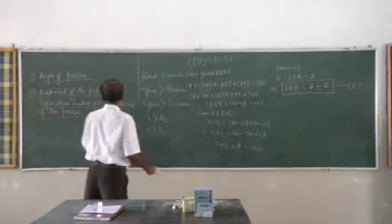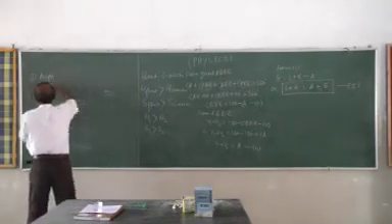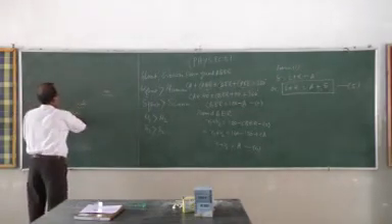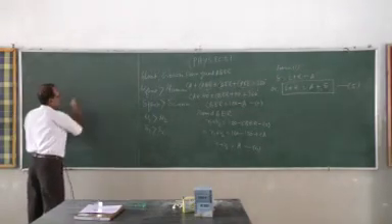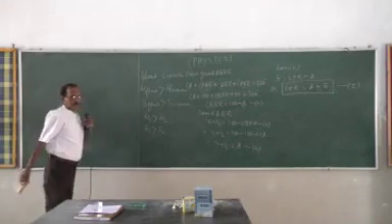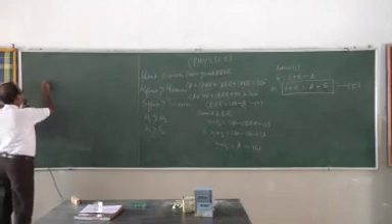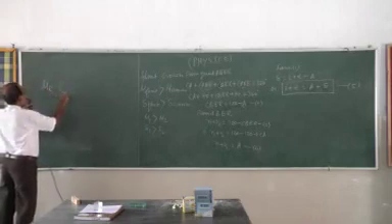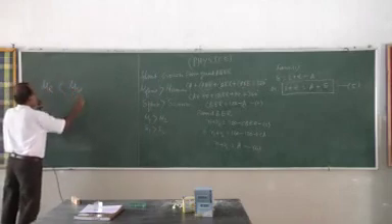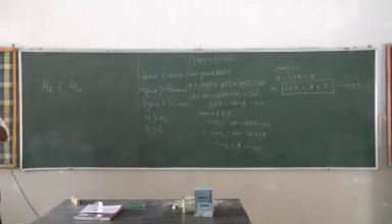Now, the color of light or wavelength of light. As we know, the refractive index of red is less than the refractive index for violet color.